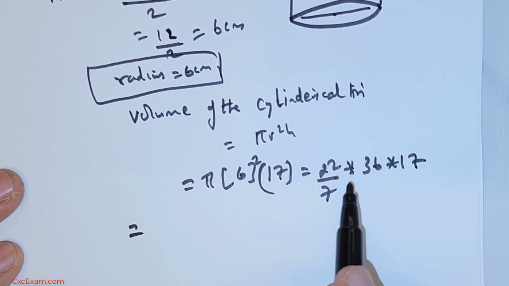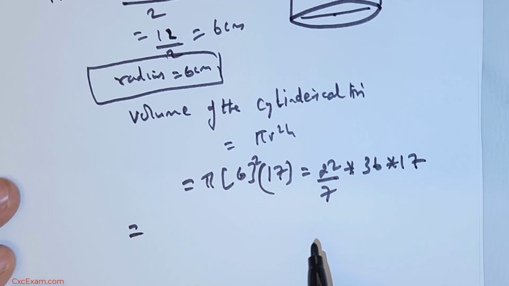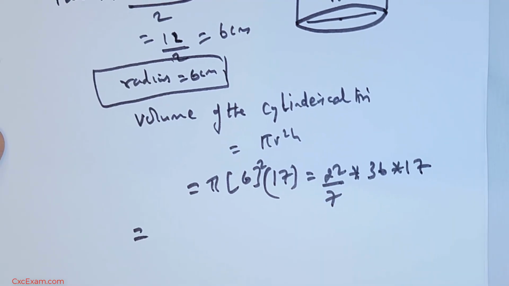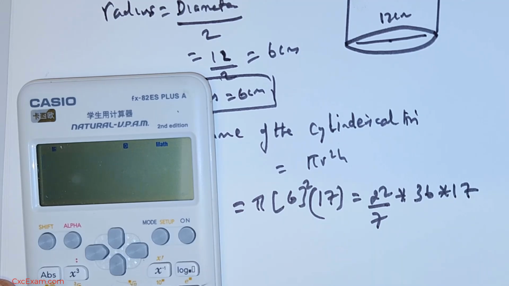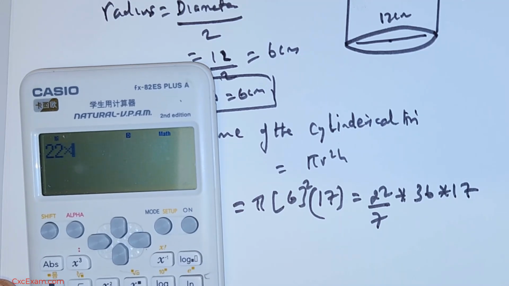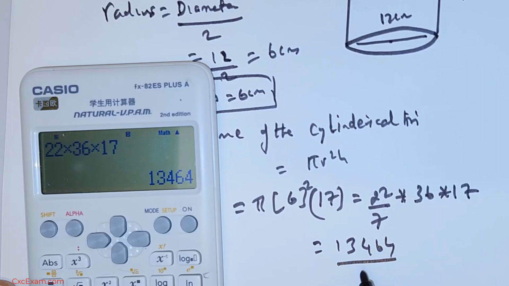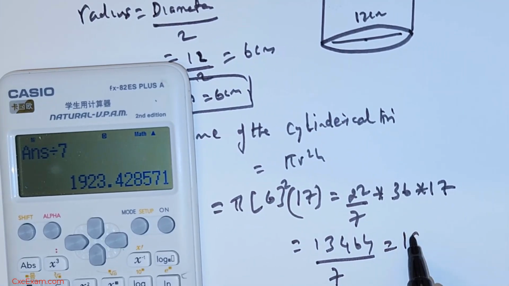Now we will have to evaluate all of these. We can use the calculator. We multiply 22 with 36 and with 17, which gives 13464 divided by 7, and that is equal to 1923.428.